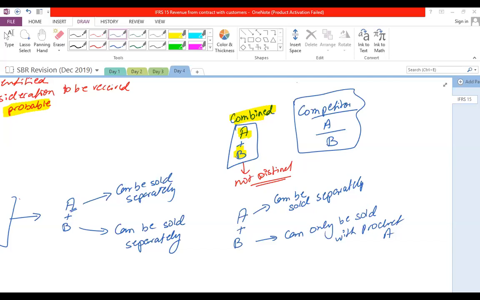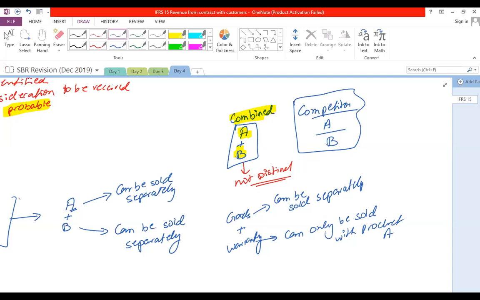Let me give you a more detailed example. Let's say we are selling goods and we are giving warranty additionally. Obviously the goods can be bought without warranty, but the warranty cannot be bought without the goods. That's not possible, that I'm not purchasing the goods but I'm purchasing the warranty only.